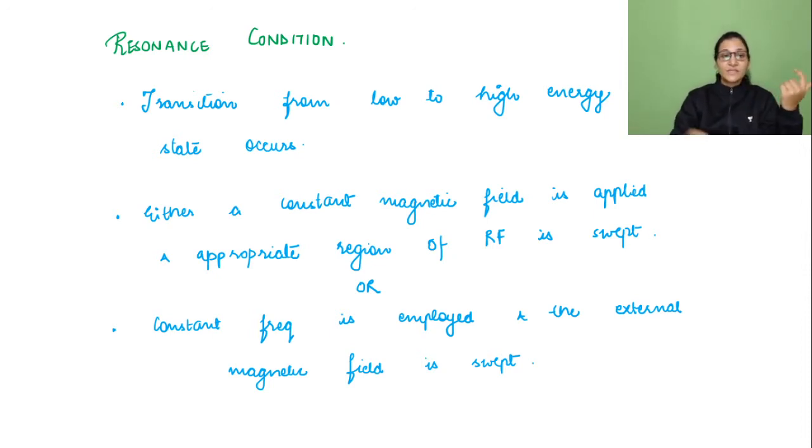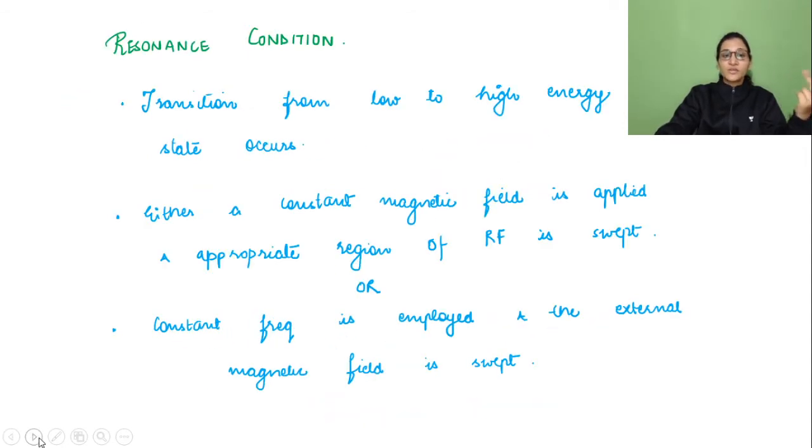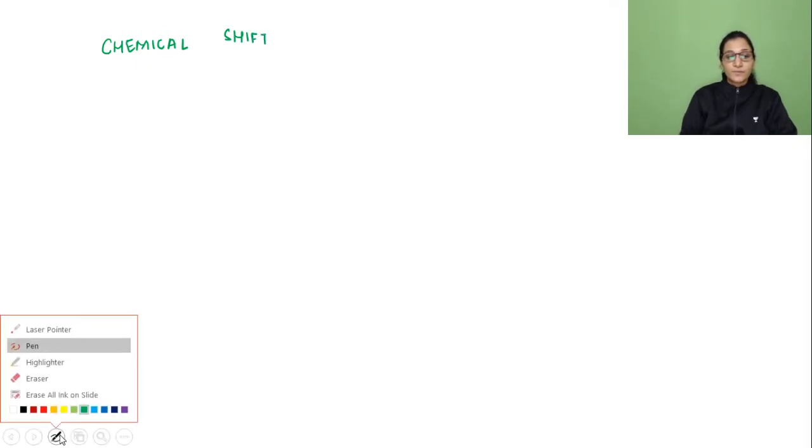So we have seen three things: magnetic phenomena, number of nucleons, then resonance condition. Now we need to see what a chemical shift is.